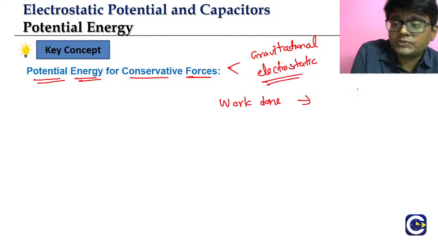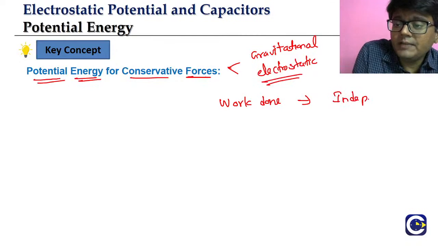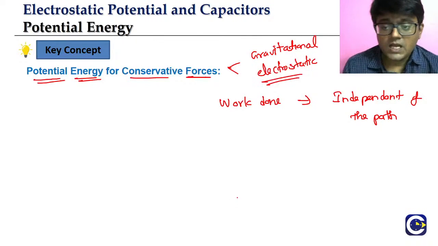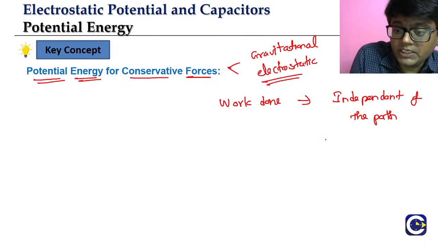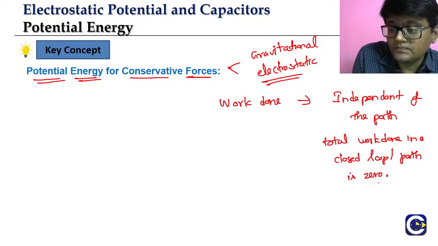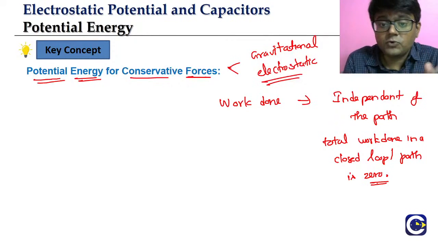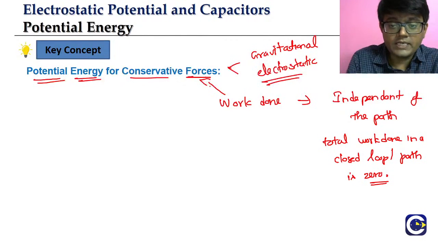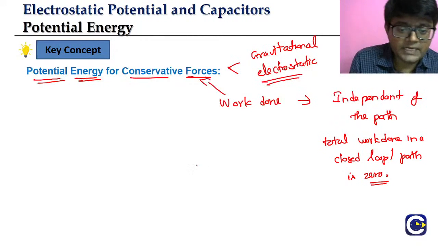If the work done by the force is independent of the path, and the total work done in a closed loop or closed path is zero, then such forces are going to be called what? Conservative forces. If you look at the work done, it will be independent of the path.